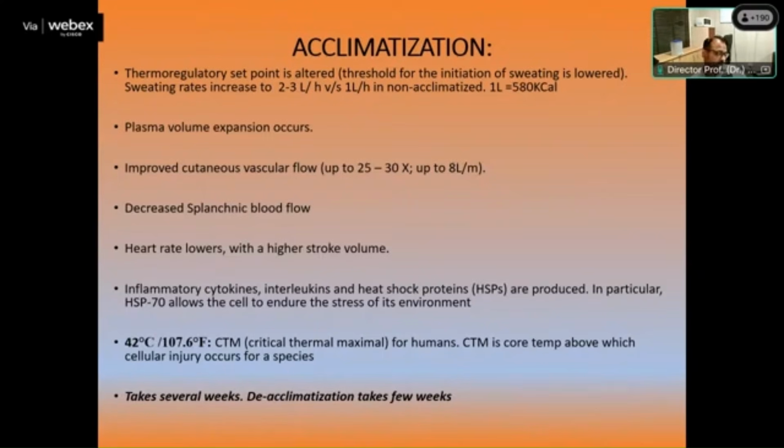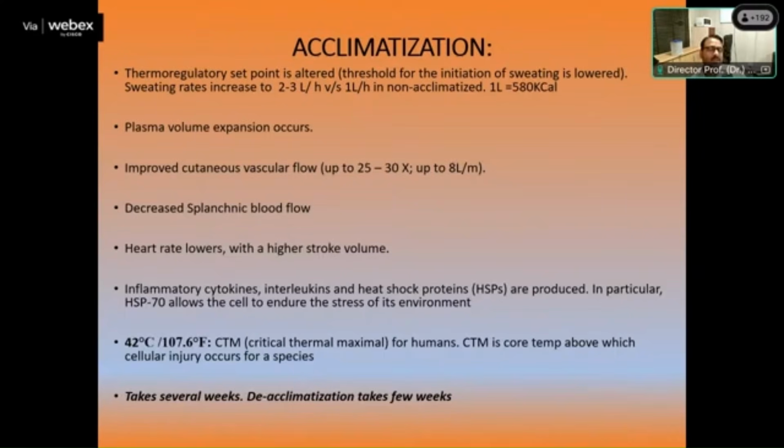The cutaneous vascular flow goes as much as 20 to 30 times the normal flow. So our body is a pretty effective machine if we see it that way. The splanchnic, the central blood flow decreases, heart rate lowers with a higher stroke volume. There is an adaptation at a molecular level also in the form of heat-related cytokines, which increase our adaptation.